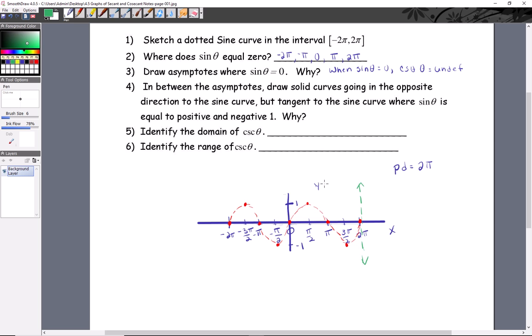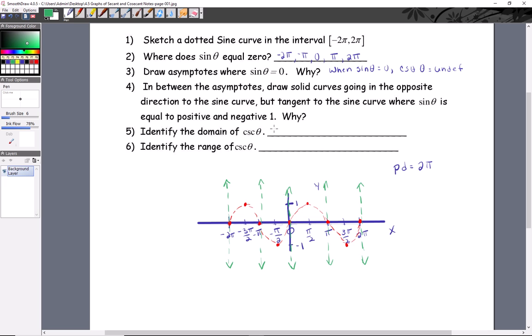So we've got one there, we've got one here, and we've got one here on the x-axis. And we have another one here at negative pi, almost missed that one. And we have one at negative 2 pi. That is not yet a cosecant curve, but it's going to make it impossible to mess it up.